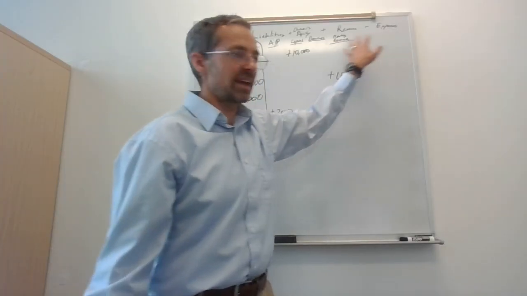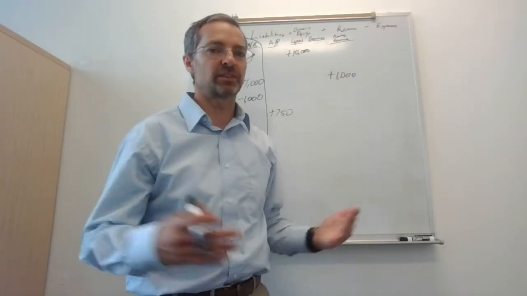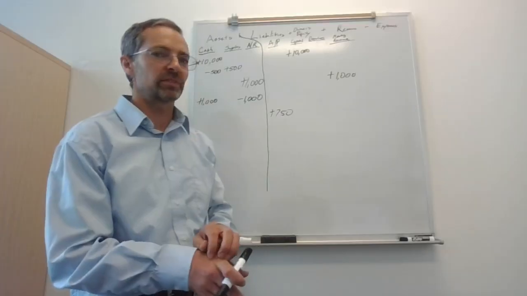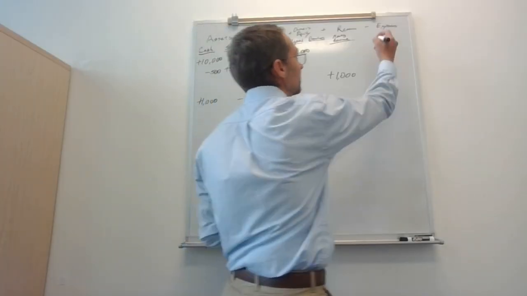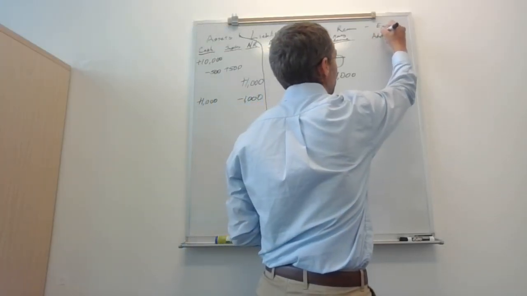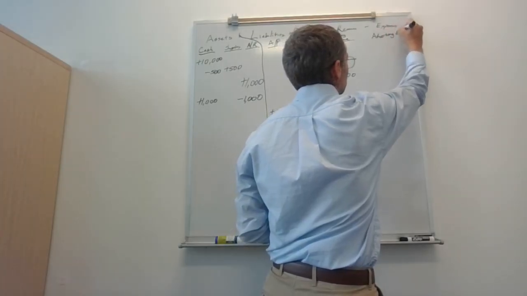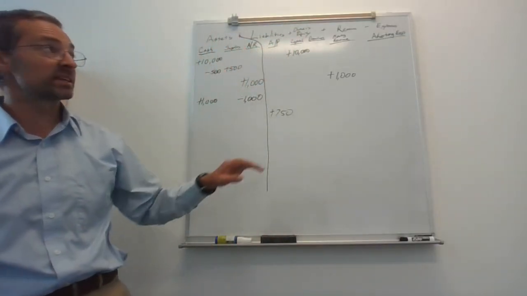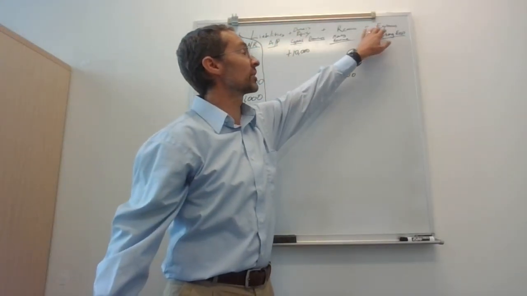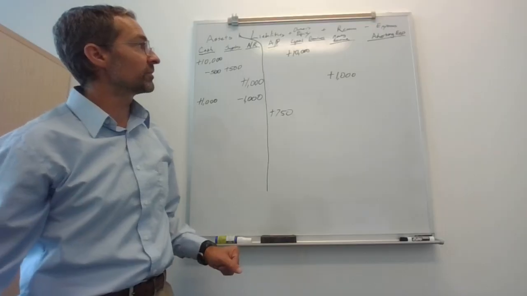We don't have any accounts set up, and for expenses, we generally track a lot of different things. So the current owner of this business probably wants to track advertising expense. So let's set up an account called advertising expense and put it underneath our expense category. So we have advertising expense.